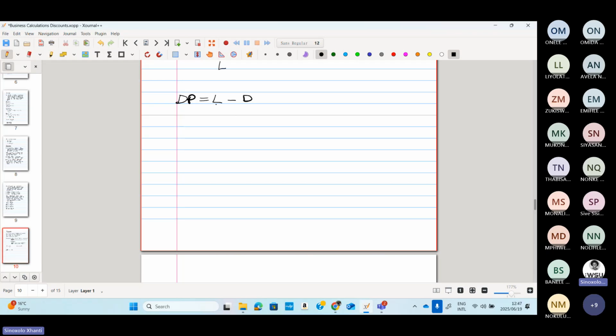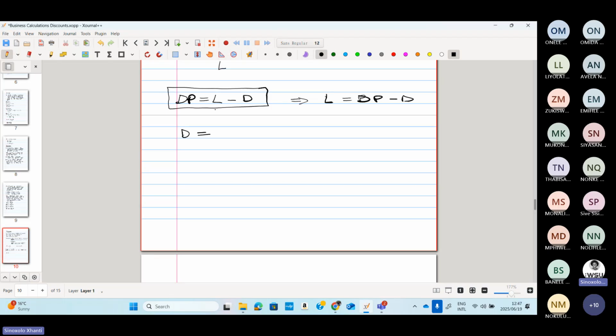If L is the one that is not given, you must also know that L is just going to be DP plus D. But all these things can be found from this nice equation. If L is not given, but this one is given and that one is given, you can use this equation instead. And also, if you want to find this D, remember that I took this.